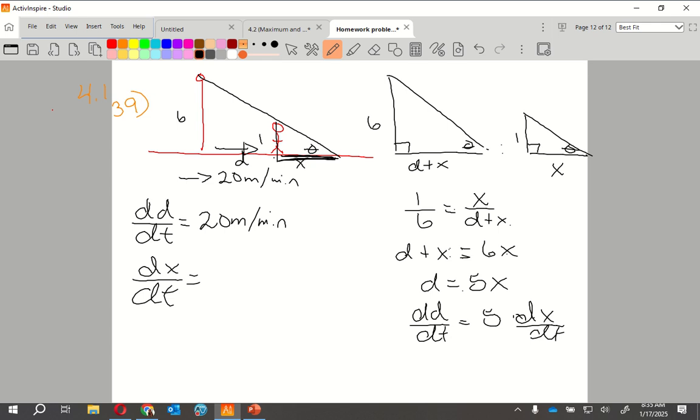And since I'm trying to get this, I'm going to divide both sides by 5, right? My dd dt is 20, divided by 5 is equal to my dx dt. Do the math and I get 4 meters per minute.